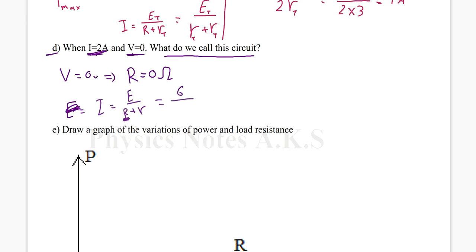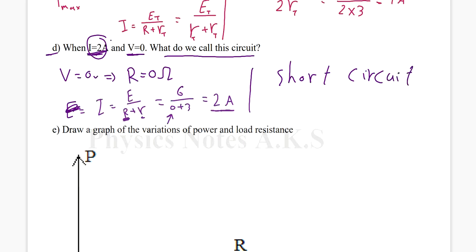If we put 0 for the external resistance plus the internal resistance here, which is 3, I will have 2 ampere. So this is the case they are asking me about. When I put the external resistance 0, I will have a current of 2 ampere. In this case they are asking me, what do we call this circuit? We call it a short circuit.